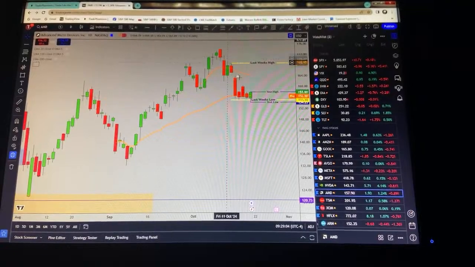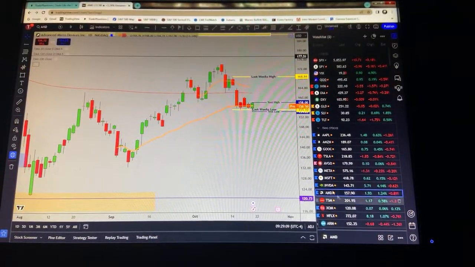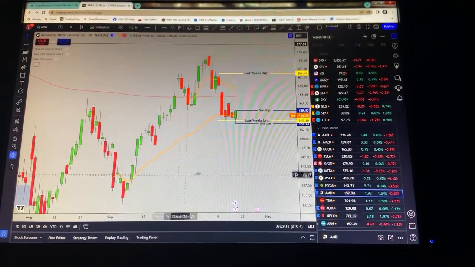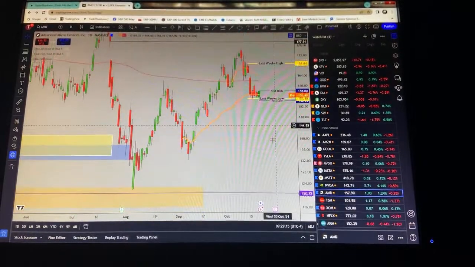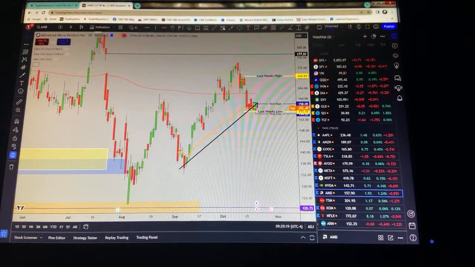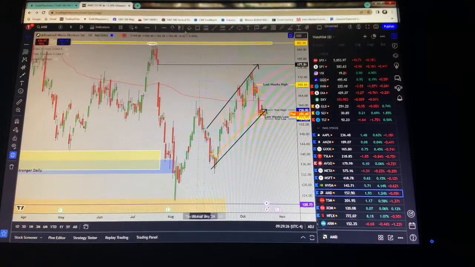AMD, a bit more relatively weaker. I kept last month's VWAP here because it's giving me this nice picture to hold this channel that we've been having. This hasn't snapped yet, but AMD's on the radar in the event that semiconductors do snap.